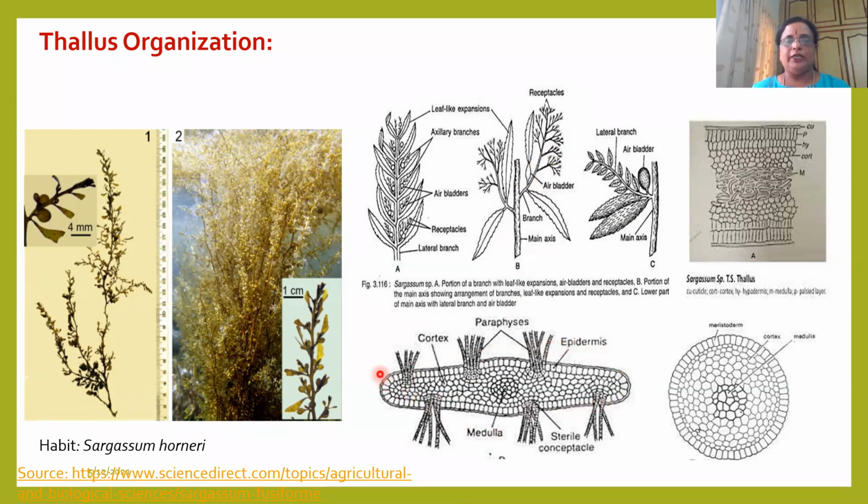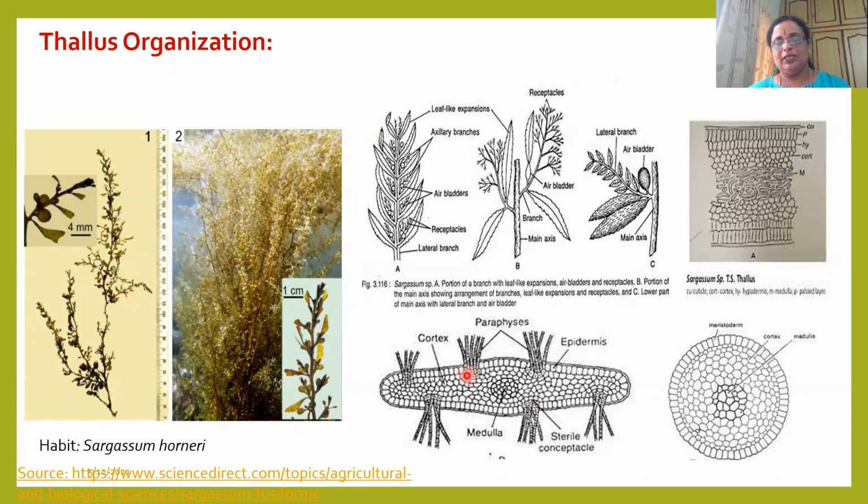Here also you can find the epidermal region, and just beneath the epidermis you can find the hypodermis carrying elongated cells, and you can find the cortex and the medulla region. In this particular receptacle, you can find some flask-like structures. These flask-like structures have been embedded inside the thallus.